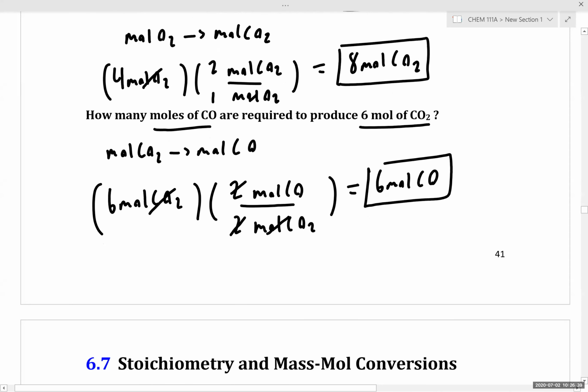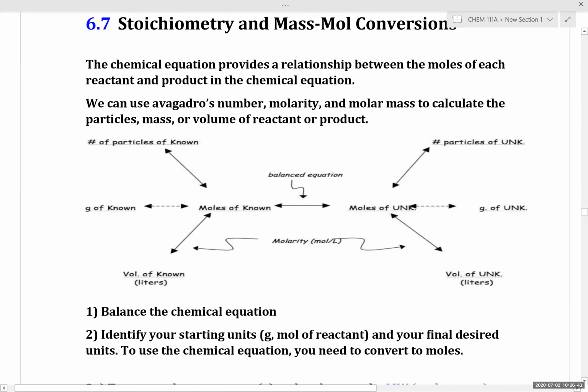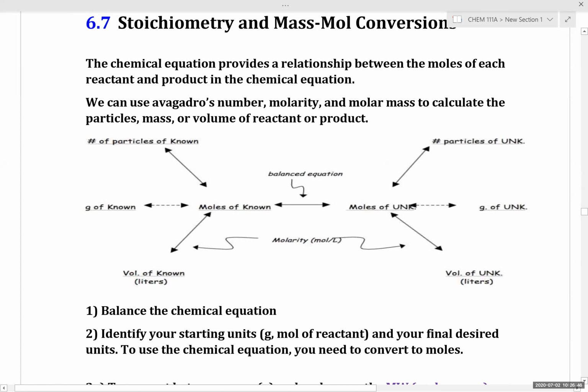If not, let's start integrating stoichiometry with mass mole conversions. So remember how I showed you this chart to go from moles to particles, grams? Well, I've now added all of the components that we've learned from chapters 3, 4, 5, and 6 together to make this nice little conversion chart to help you organize your thoughts and procedurally go through unit conversions.